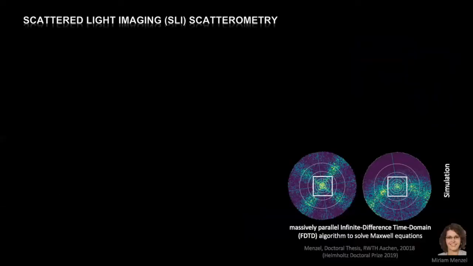So we learned other things from simulation and from the tissue modeling, and from these we came up with new ideas for new devices, for new types of measurements. And this is a specific kind of imaging tool we have developed, especially Miriam Menzel, who was my postdoc in the group.